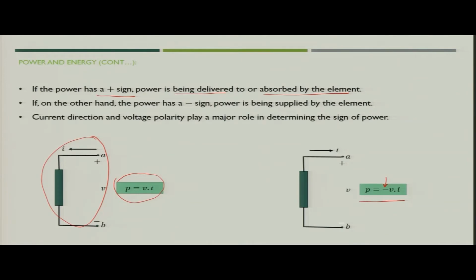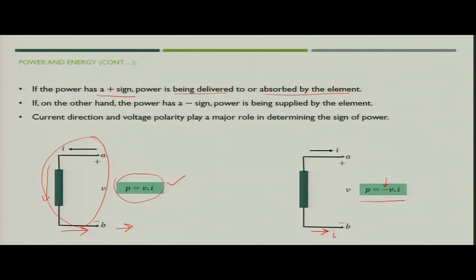Now, suppose the current is flowing like this, it will come via this. Alternatively, if current is coming out from the negative terminal, then also the power term will be positive.